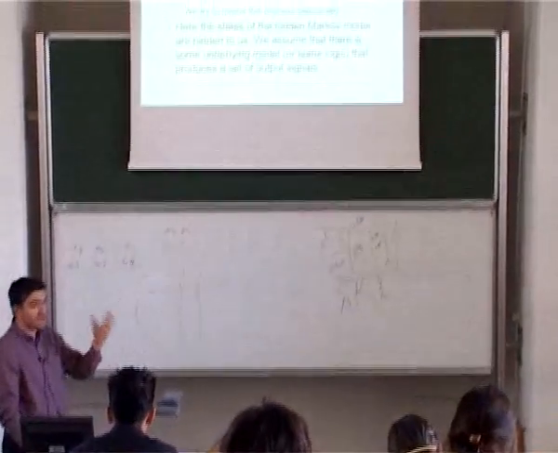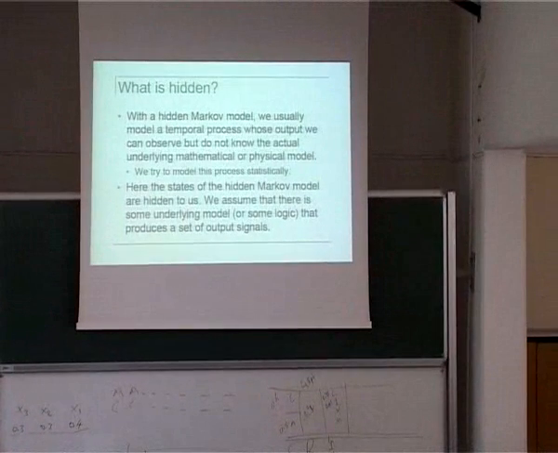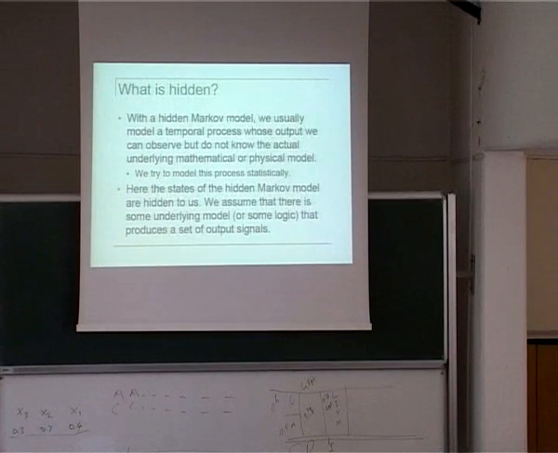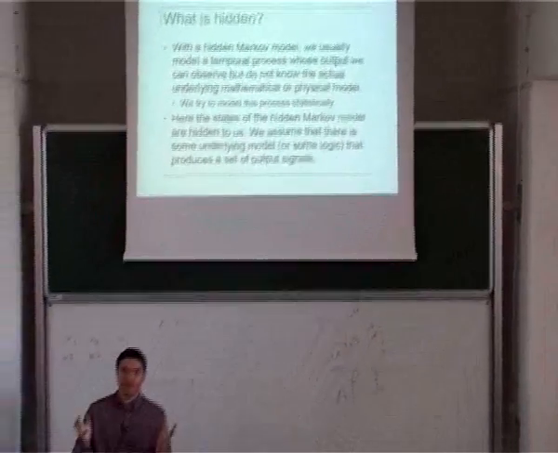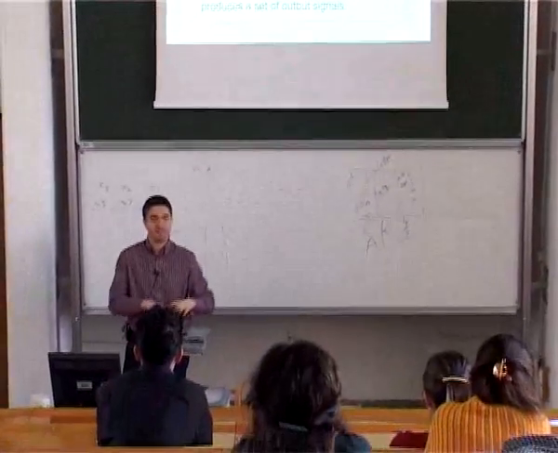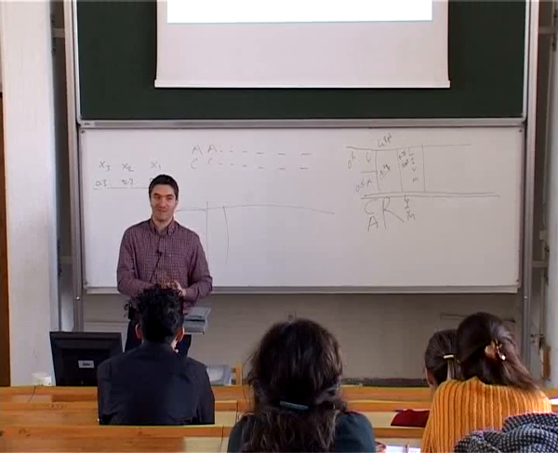So the mood is hidden to us, and the actions are observable. There has to be some logic in the zebra's brain, if it's not a mad zebra, if it's a normal zebra.